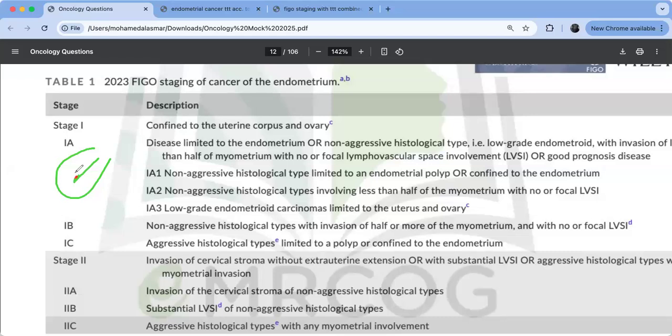So you discussed the management with her, and then you performed the hysterectomy with bilateral salpingo-oophorectomy and sent it to the lab, and the lab result comes saying that the histological type is aggressive. It's a poorly differentiated tumor. It's an aggressive tumor.